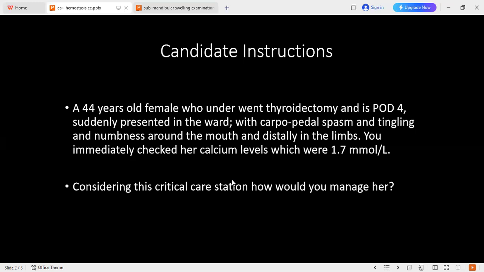Then cholecalciferol goes to the liver where 25-hydroxylase leads to formation of 25-hydroxycholecalciferol. Then in the renal system, 1-alpha hydroxylase leads to formation of 1,25-dihydroxycholecalciferol, which is the active form of vitamin D.